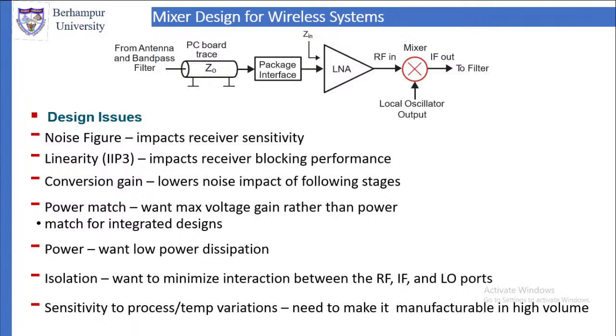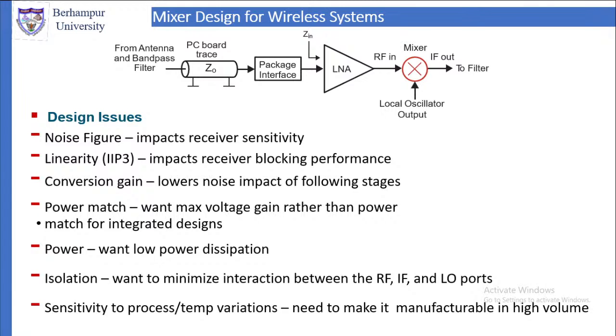RF is a signal of some frequency and the local oscillator gives you another signal with another frequency, and we are multiplying them. Usually when you design the circuit, after the antenna you have a filter, the RF filter. Then after the RF filter you have the low noise amplifier, and after the low noise amplifier you have the mixer.